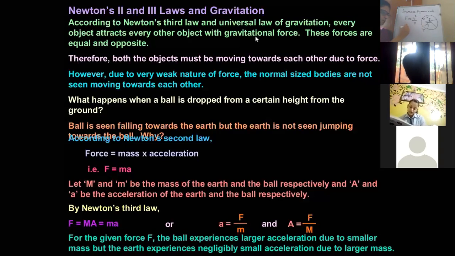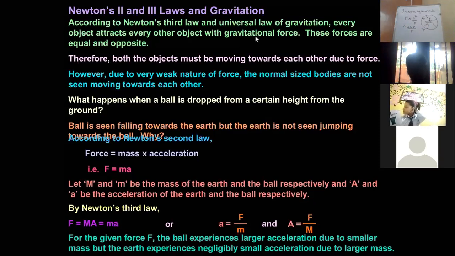You know, when an object is moving around a circular path, velocity is equal to distance upon time taken. How can we calculate the distance? It will be 2 pi r, and the time taken by the planet to move around the sun is t, so it is upon t. So velocity is 2 pi r upon t.